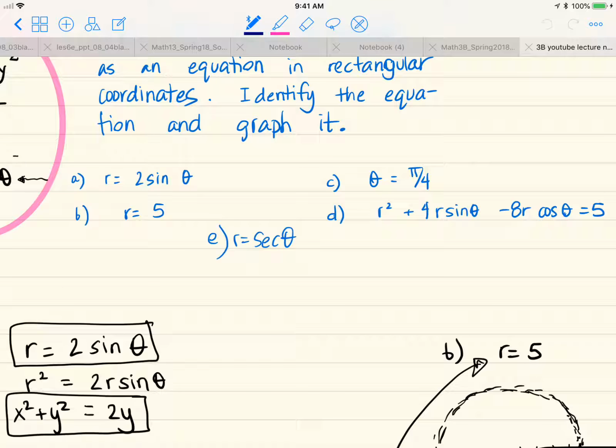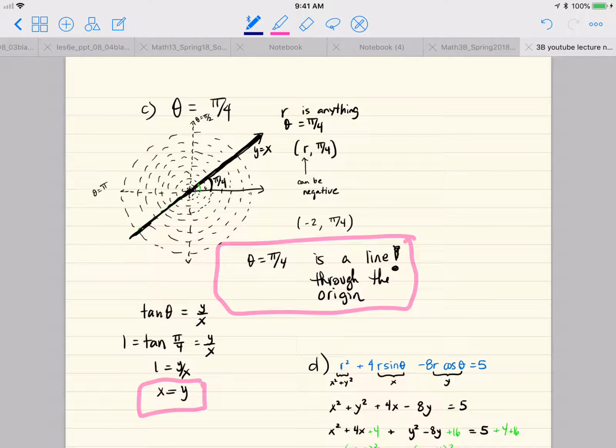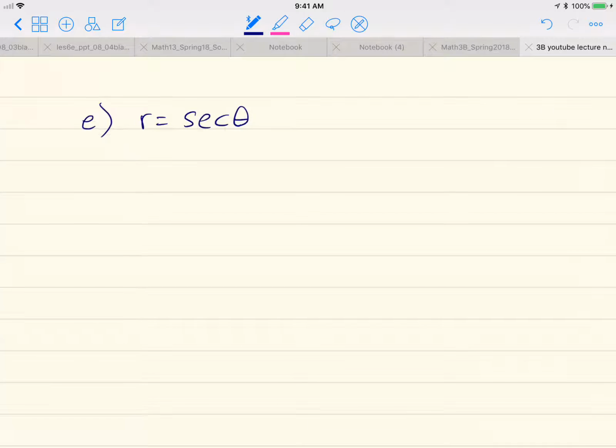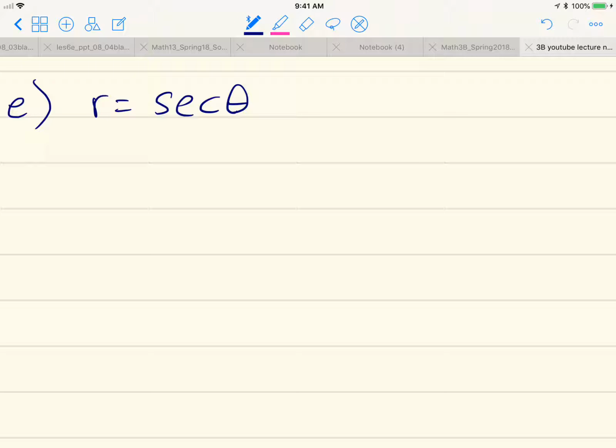Okay, let's do E. E is r equals secant theta. Let's see, what can we do with that? Secant theta is 1 over cosine of theta. So if that's equal to r, it looks like we should multiply both sides of our equation by cosine theta. Then we'll have r cosine theta equals 1.